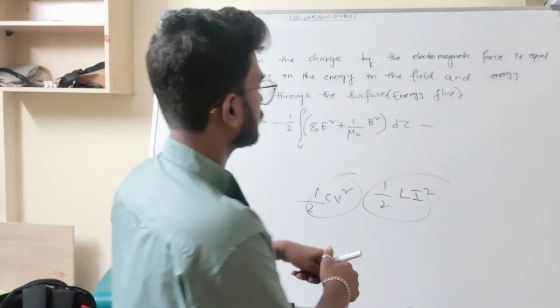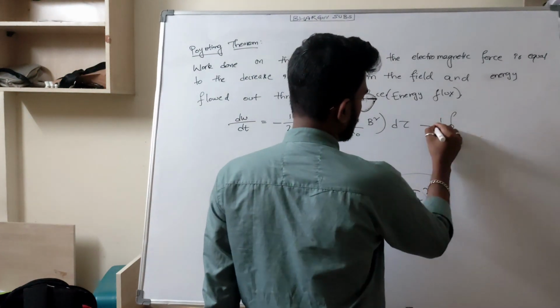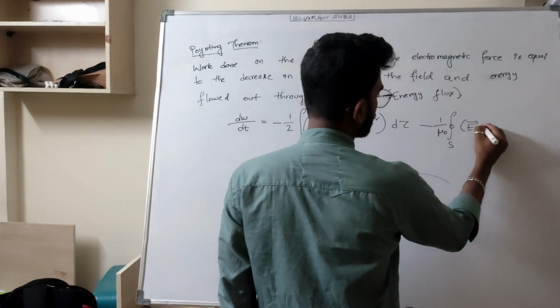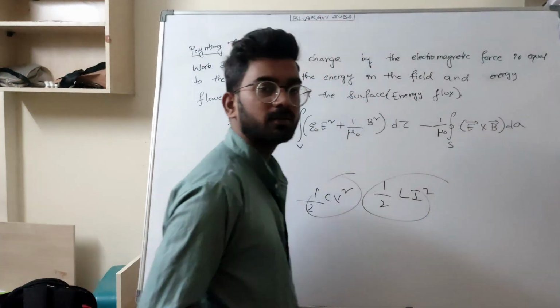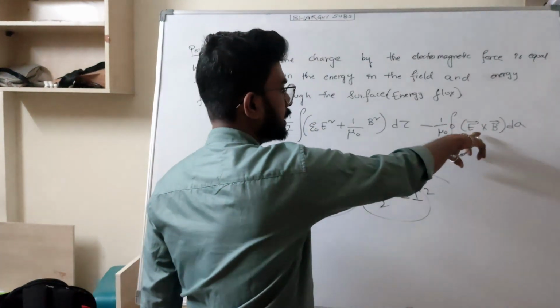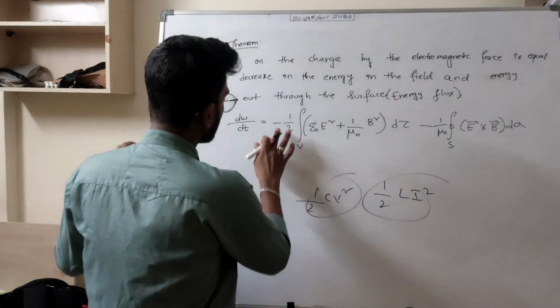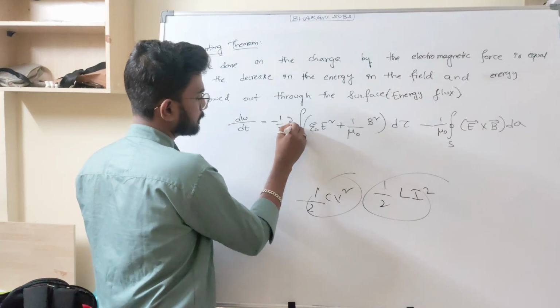Through the surface means surface integral: 1 by mu naught surface integral E bar cross B bar dA.